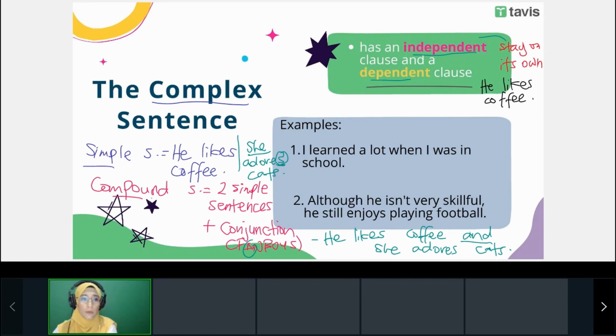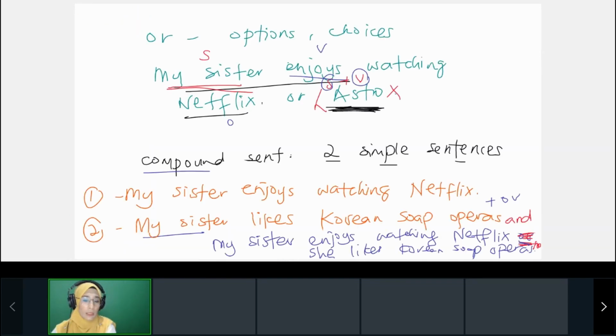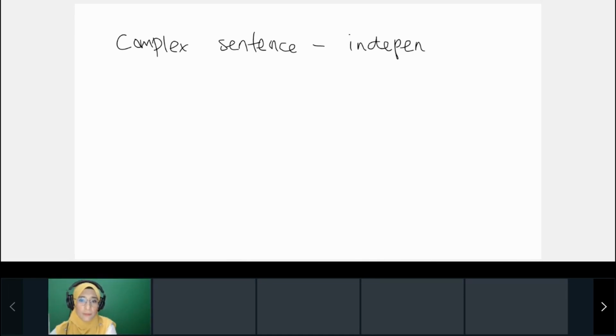Now, I will use a whiteboard just to make it a lot clearer for everybody. So let me write it here: a complex sentence has an independent plus a dependent clause.